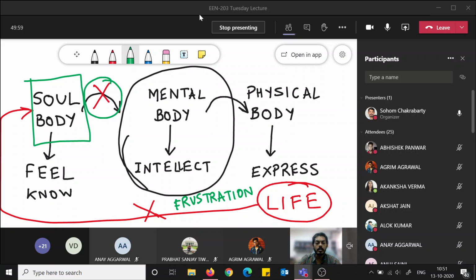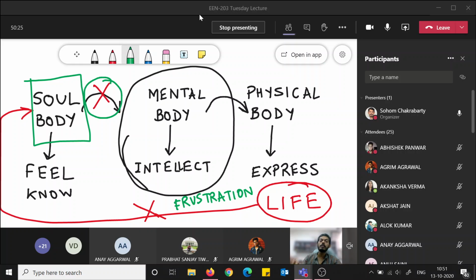That is the characteristic of our soul body, its characteristic knowledge, its characteristic feeling. When you know that, then you will understand who you are and what your dharma is, and whether you are actually living your life according to your dharma.